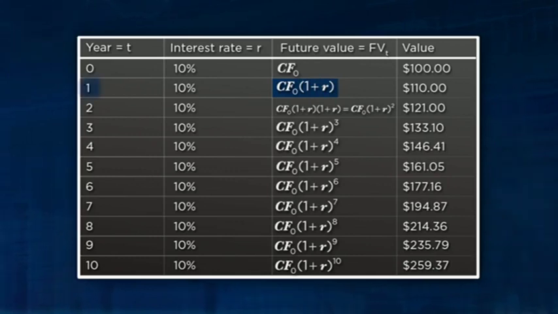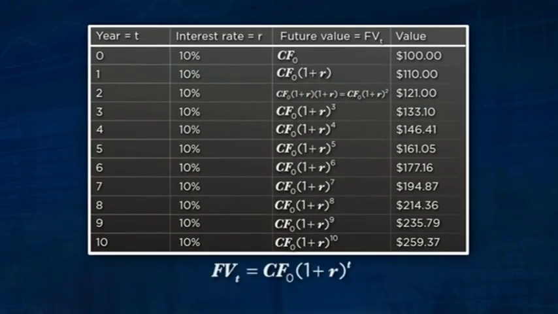That is, after 1 year, the future value is CF sub 0 times 1 plus R. After another year, the value grows for 1 more year to CF sub 0 times 1 plus R times 1 plus R. After t years, CF sub 0 has grown to its future value, FV sub t, equal to CF sub 0 times 1 plus R all raised to the t.